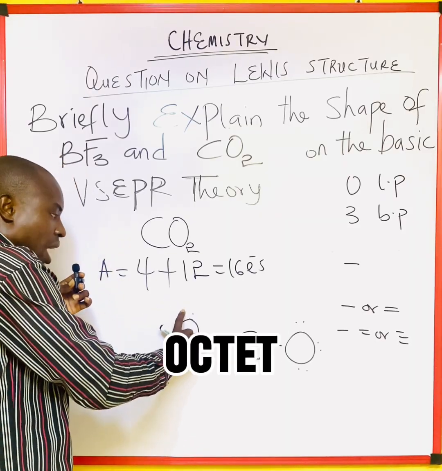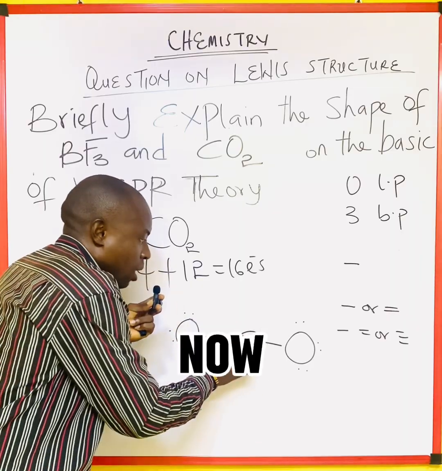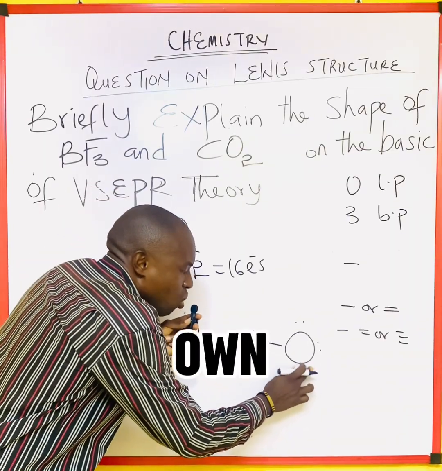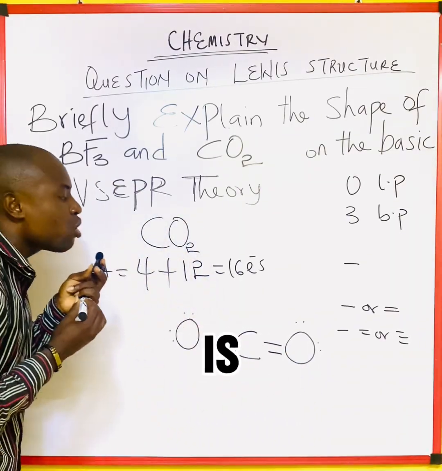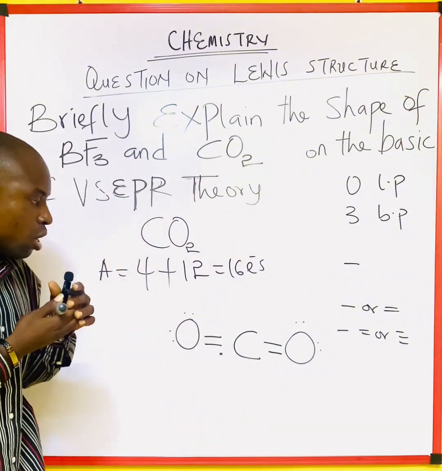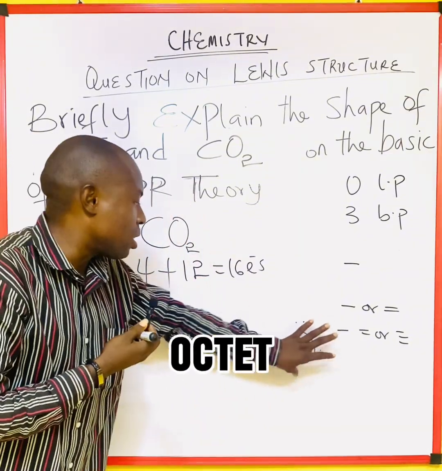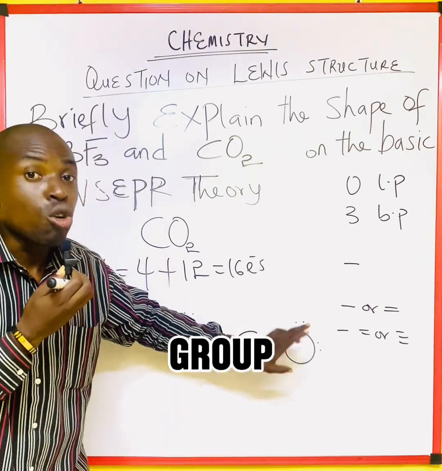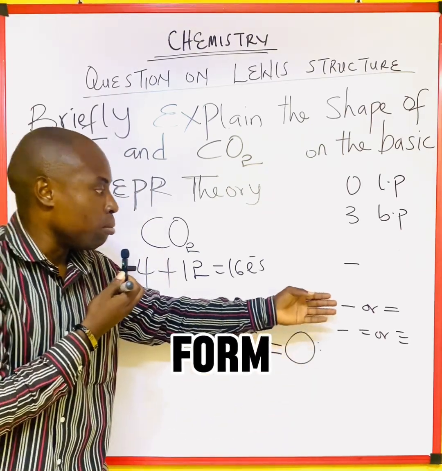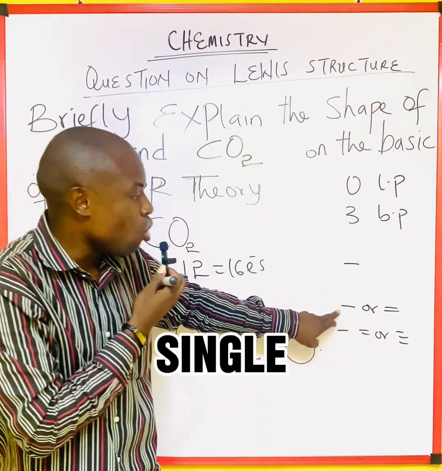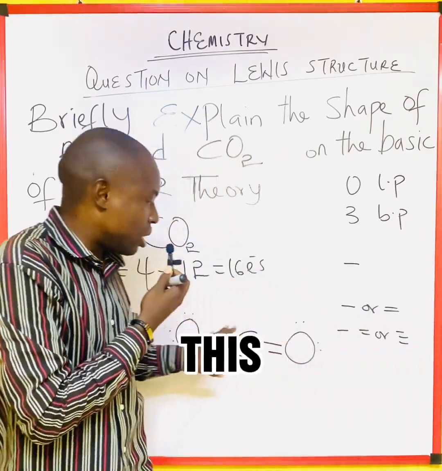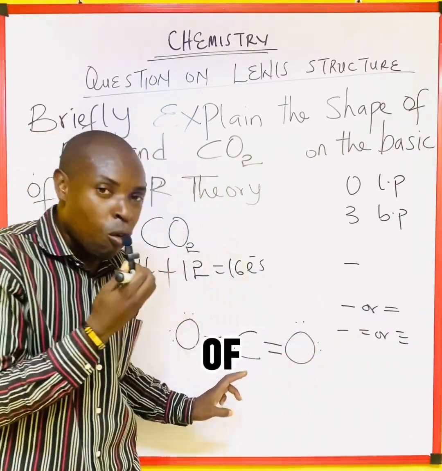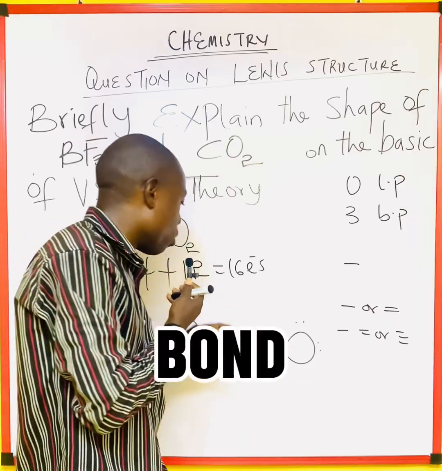So here is octet. Now here can still remove its own and give here. So here is also octet. So octet, octet, octet without disturbing it, because oxygen is group 6 and it can form a single bond or double bond. So in this case, it makes what we call the double bond.